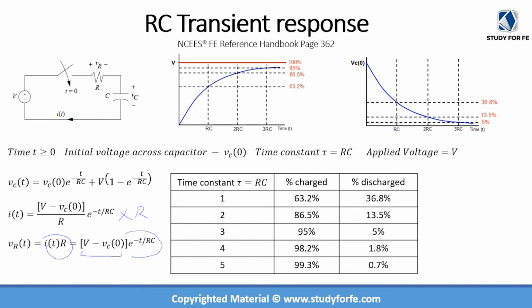Now again, the voltage across the resistor is going to drop because as the capacitor accumulates more and more charge, its voltage will increase and it will become very, very close to the applied voltage. So after 5 time constants, you can see that the voltage would be 99.3% of the applied voltage. So the voltage across the resistor will actually decrease over time. So that would also follow this type of a curve.